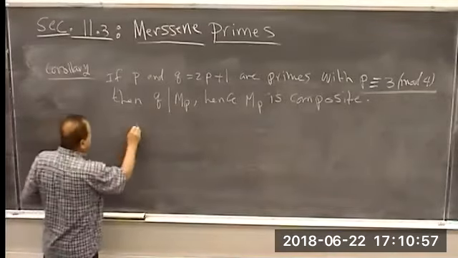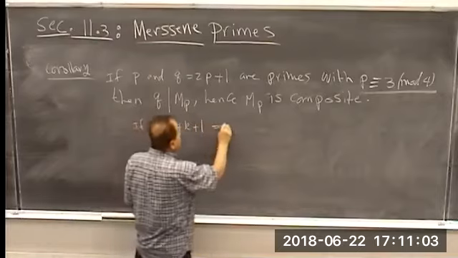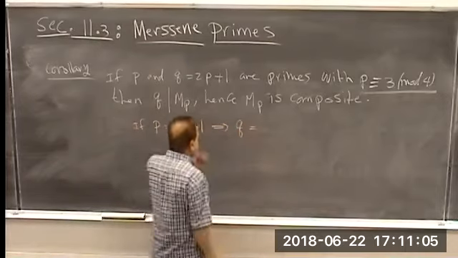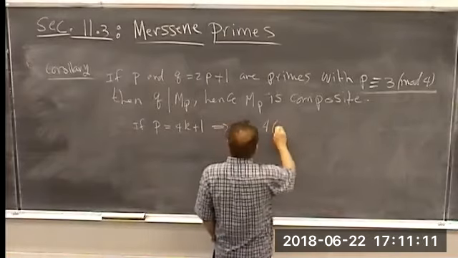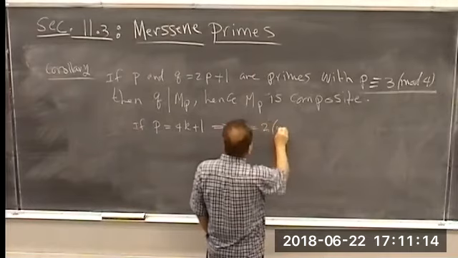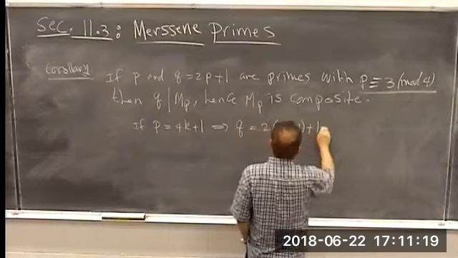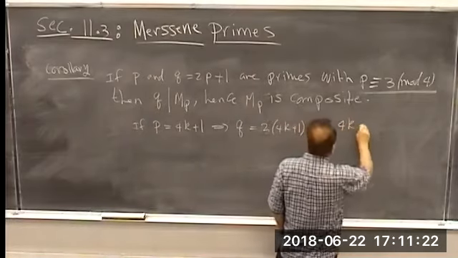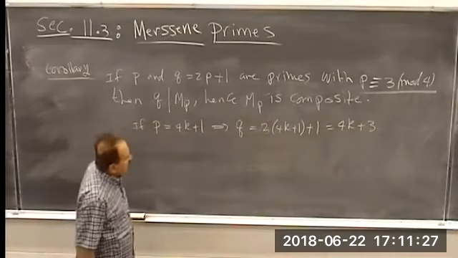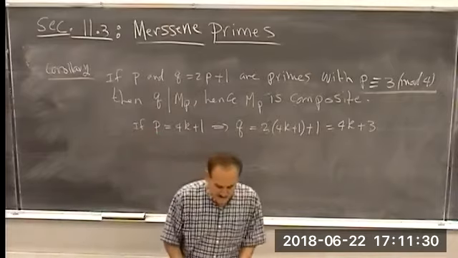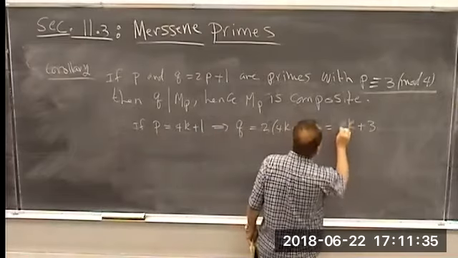Now, if P is equal to 4k plus 1, this implies Q is going to be of the form 2 times (4k plus 1) plus 1, and this becomes 8k plus 3.